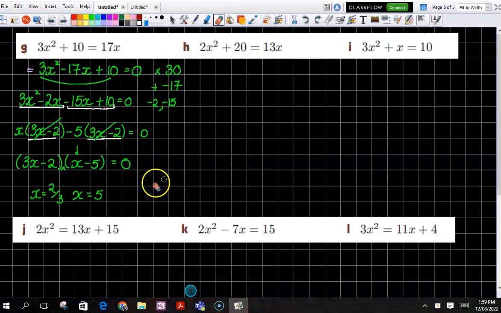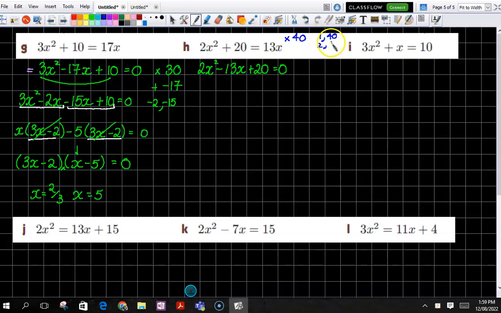All right, let's have a look at the next one. Same deal, let's get everything on one side. Now we do the 2 times the 20, so we're looking for factors of 40 that add up to be minus 13.